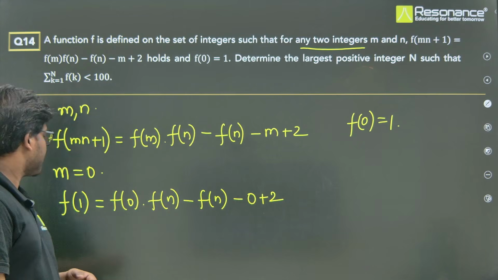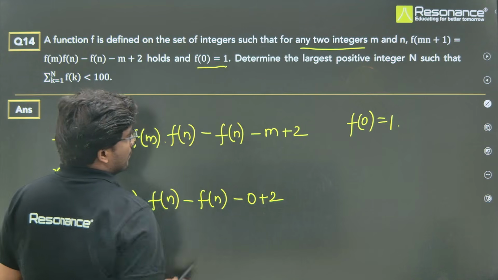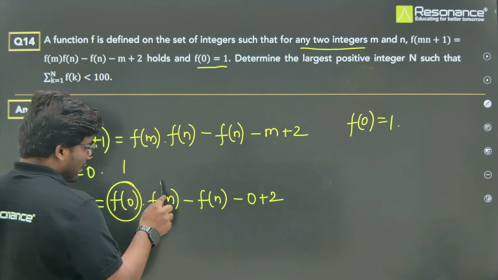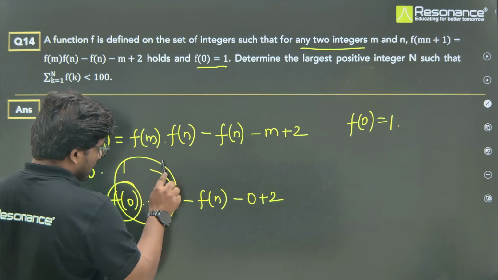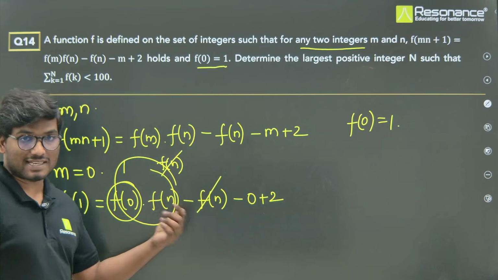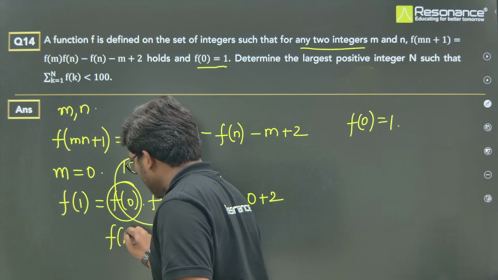Now, f of 0 is 1, so 1 into f of n would anyway be f of n. Since this is f of n minus f of n, it gets nullified. So f of 1 becomes 2.